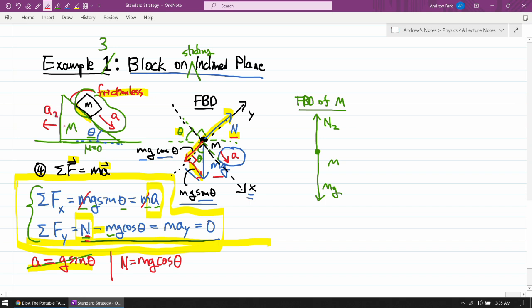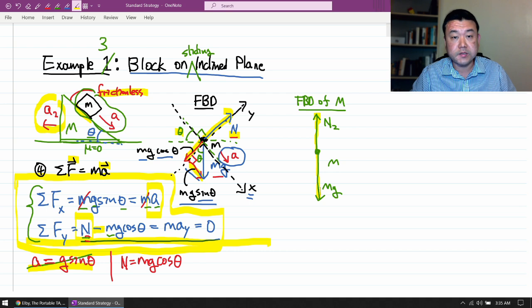So let me give it a different label. And considering this acceleration, I hope you see that this free body diagram is incomplete. It only has forces in the vertical directions. It doesn't have any forces in the horizontal direction. So where could we get those horizontal direction forces? And I hope you find it after a while.